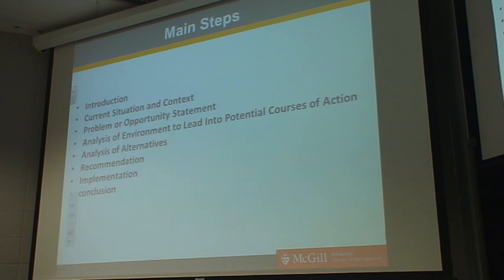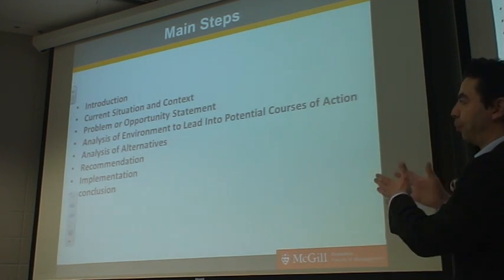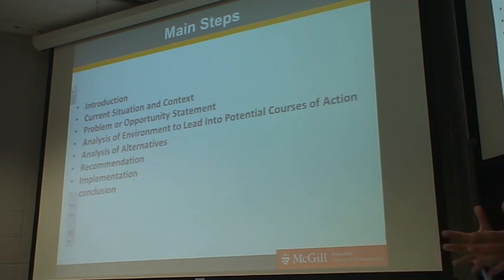You don't need to regurgitate the case. In the current situation and context, you're also analyzing potential trends, or the challenges the business or the business owner is facing. And ultimately, this is going to lead to your problem or opportunity statement.